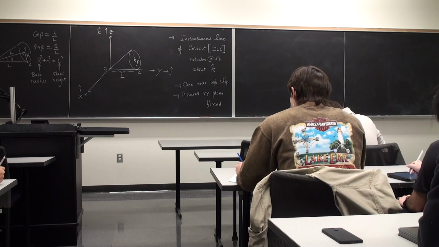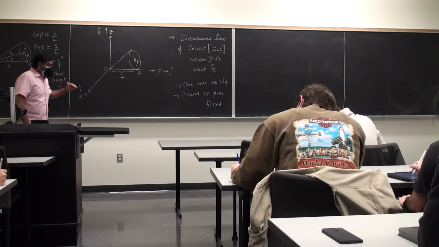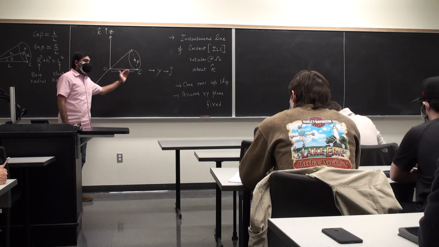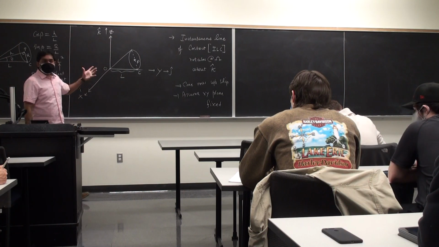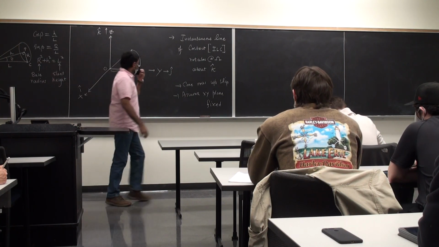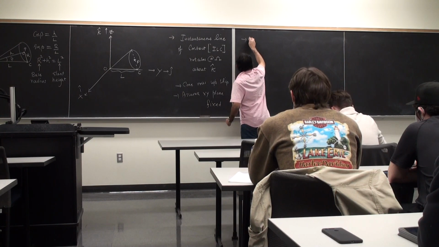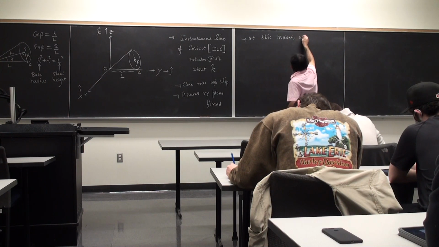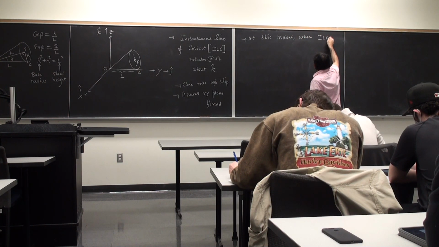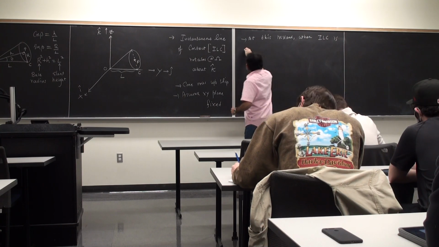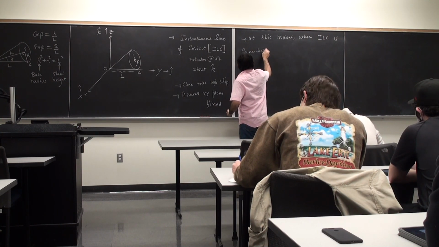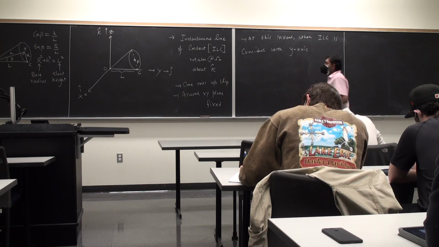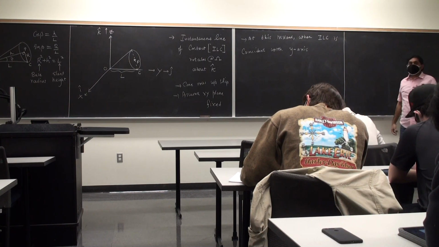And what we are supposed to solve in this problem is, at this instant in time, when the instantaneous line of contact is coincident with the y-axis, determine the angular velocity of the body. So at this instant, when the ILC is coincident with the y-axis, what is the absolute angular velocity of the body?